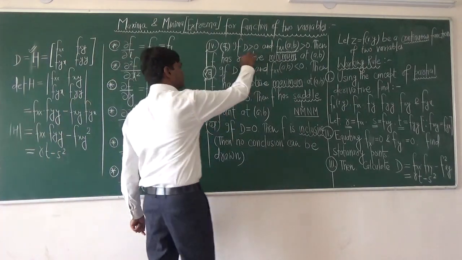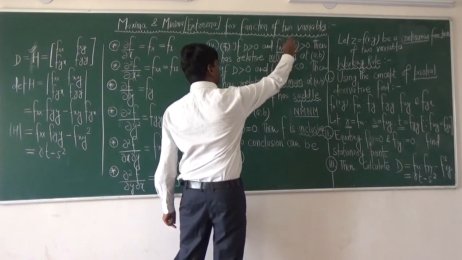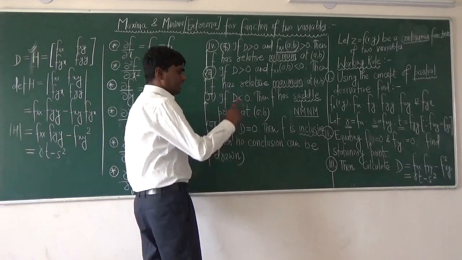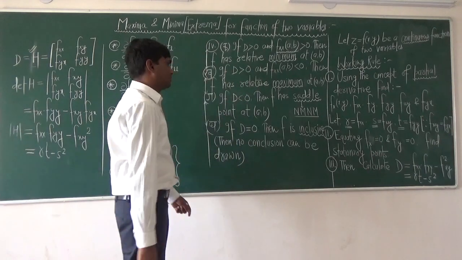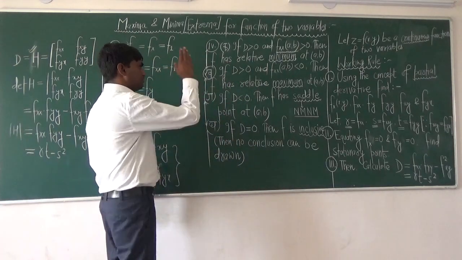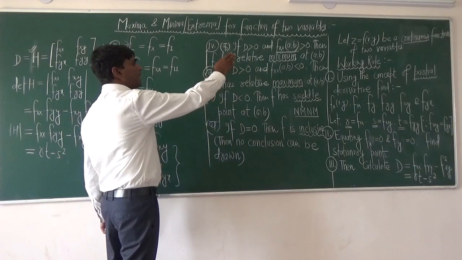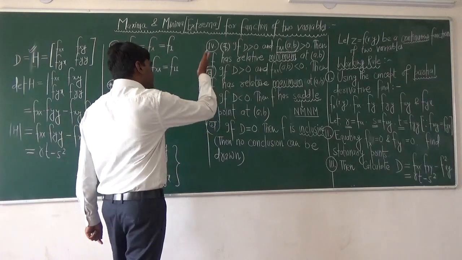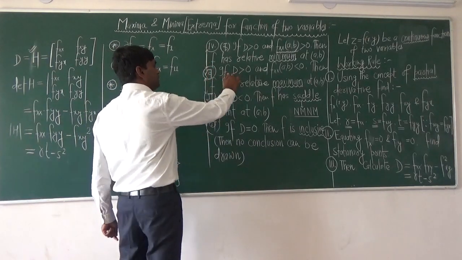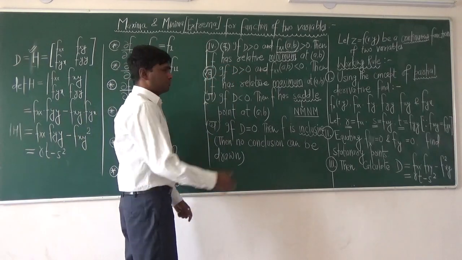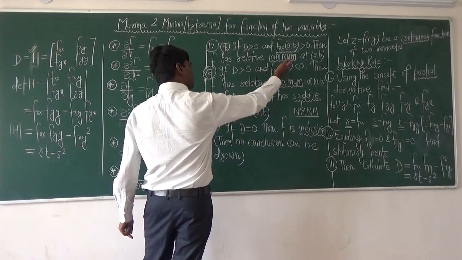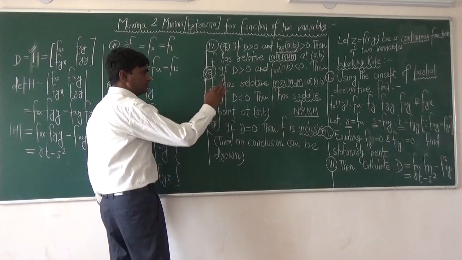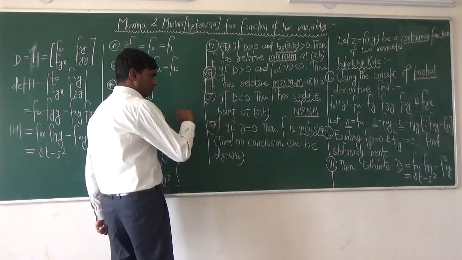If D is greater than 0, then it is not yet clear whether it is a maximum, minimum or saddle point. We have to see two necessary things: first D, and second the second order partial derivative with respect to x. If both are positive, then the given function has a relative minimum at that point. In a similar way, if D is greater than 0 but f_xx is negative, then f has a relative maximum at that point.